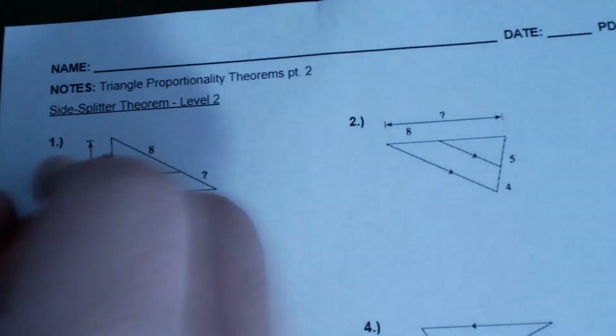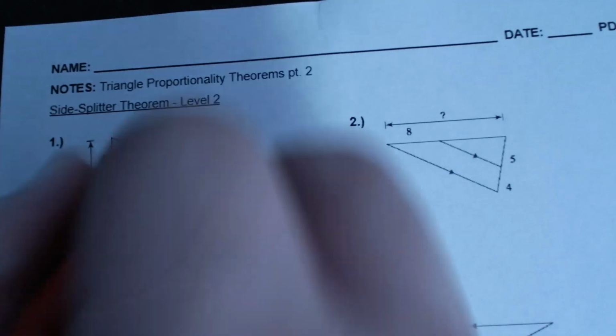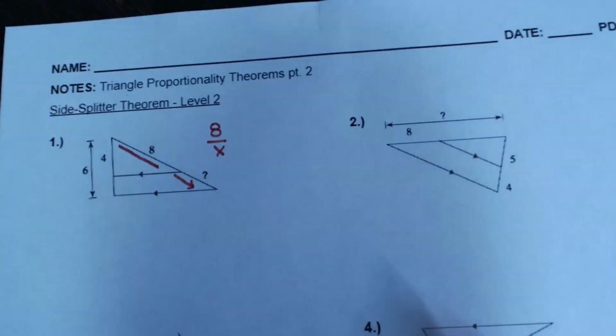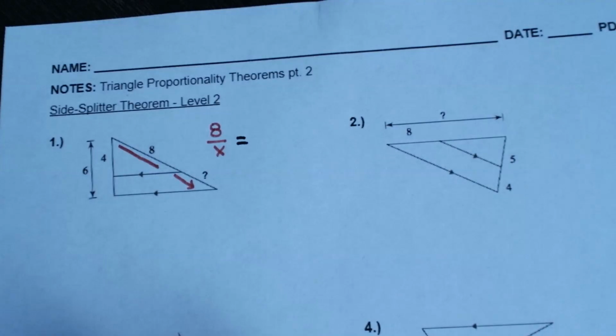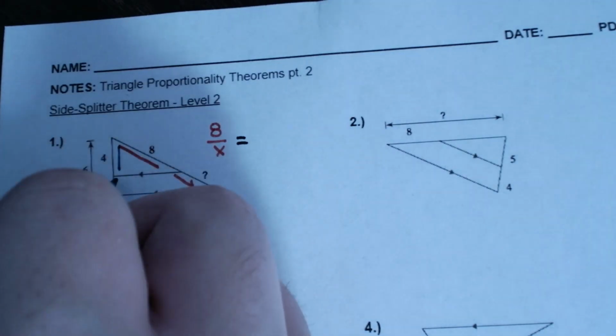I'm going to start with 8 over x is equal to 4 over 2.